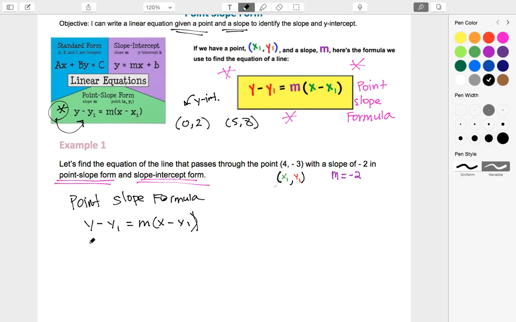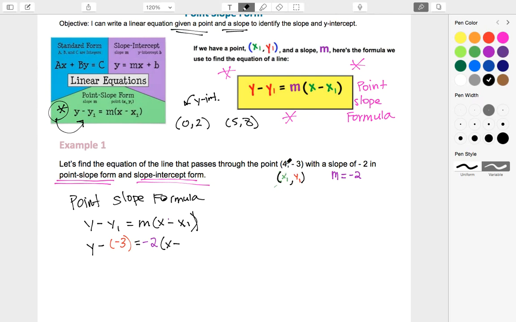So I have y minus my y1, which is negative 3. So I'm going to substitute negative 3 in here, equals m, which is negative 2, our slope. And then we have x minus x1.